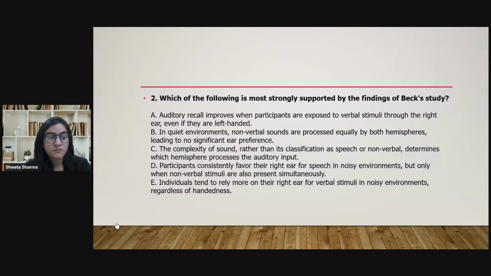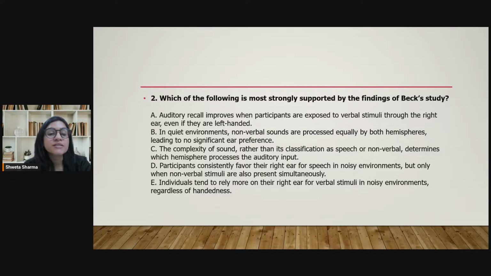Okay, so, strongly supported by the findings of Beck's study. Quickly going through the options: A, auditory recall improves when participants are exposed to verbal stimuli through the right ear, even if they are left-handed. B, in quiet environments, non-verbal sounds are processed equally by both hemispheres, leading to no significant ear preference. C says complexity of sound rather than classification as speech or non-verbal determines which hemisphere processes the auditory input.